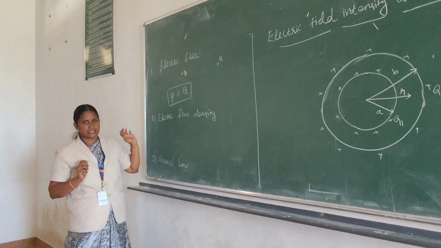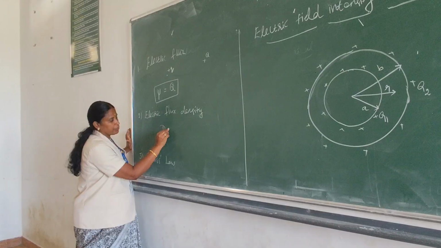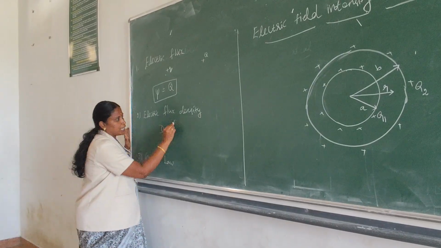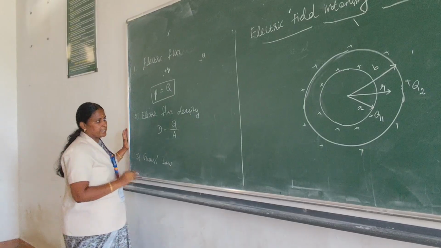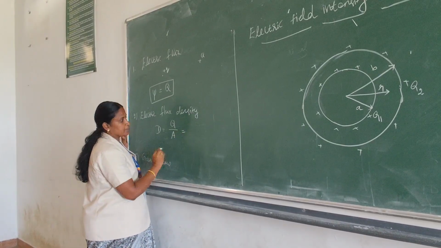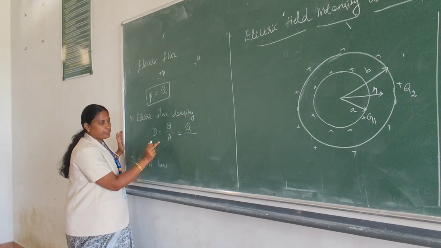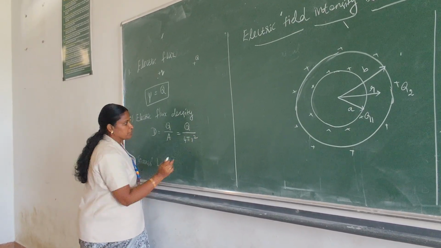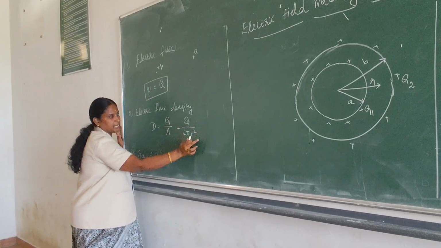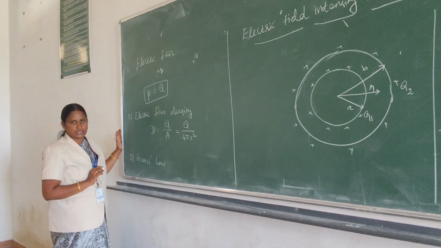And the electric flux density, the notation is D, which is equal to the charge per unit area, that is Q by A. In case it is a spherical surface, we can write charge Q divided by the area of the spherical surface, 4 pi r square. So the flux density D is equal to Q divided by 4 pi r square.